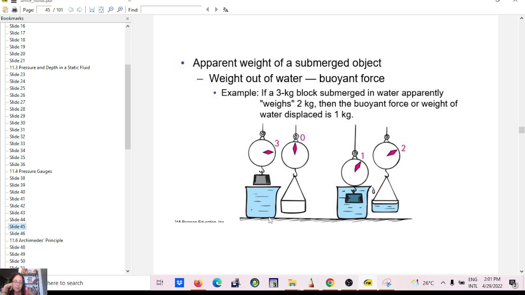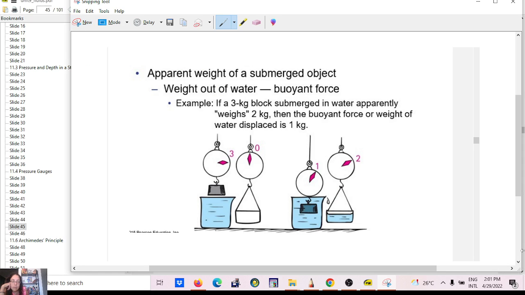I like this picture because it's really showing it. Those drawings come from Paul Hewitt. I talked about his book. He's an amazing author, and he wrote that book, Conceptual Physics. So that picture comes from his book. Here you have the true weight. Gravity is pulling on that mass, and of course the string is pulling back.